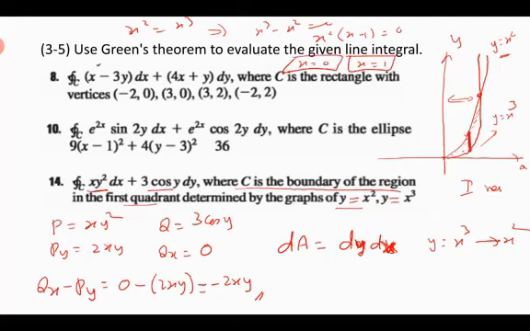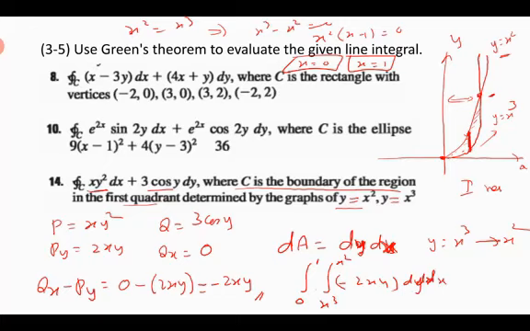They meet here, and they meet here, isn't it? So in the double integration, the x limit is 0 to 1, for y the limit is x cube to x square, of minus 2xy dy dx.